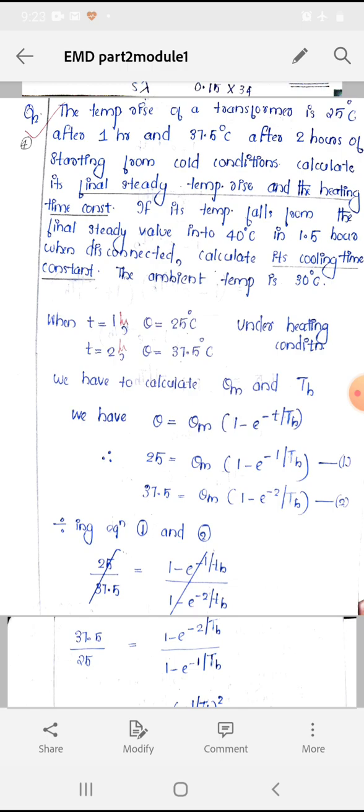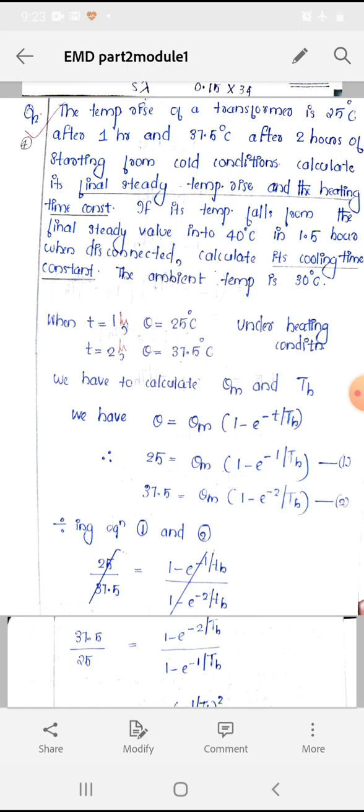We know the basic equation: theta is equal to theta m into 1 minus e raised to minus t by Th. We need to put these two conditions in to solve for theta m and Th.